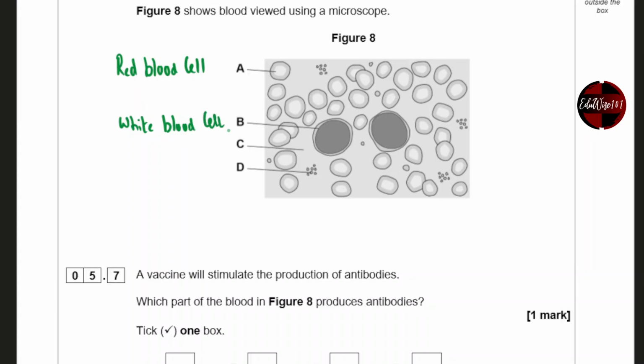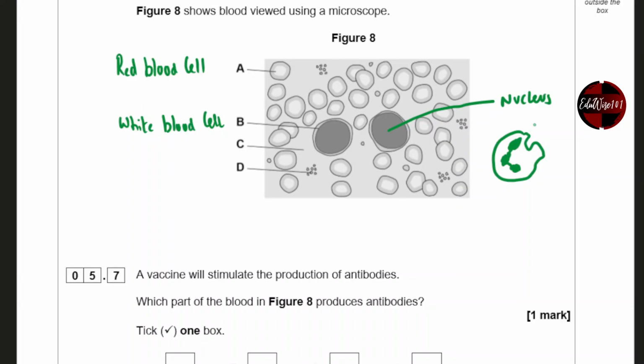Yes, it doesn't look like a white blood cell, but the black area is actually the nucleus. White blood cells have a large nucleus. There are two types. You could have white blood cells with this large nucleus, or you could have white blood cells that don't really have a proper shape, with what we call a lobed nucleus. So it basically looks as if it's broken up.